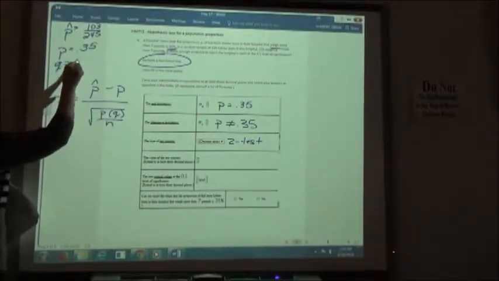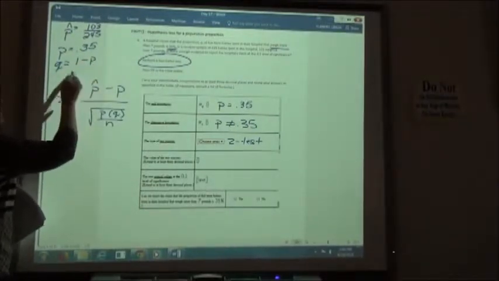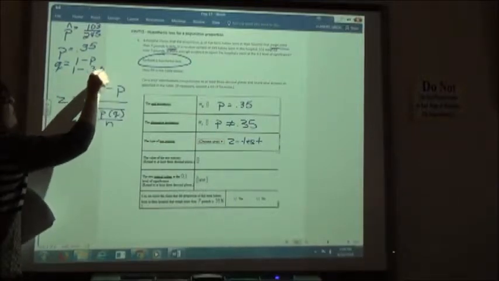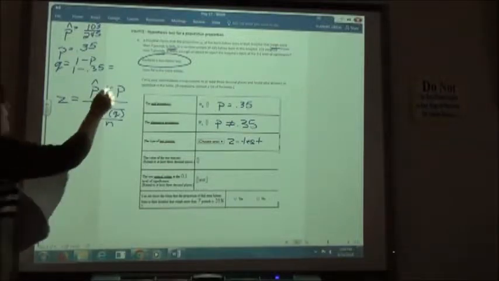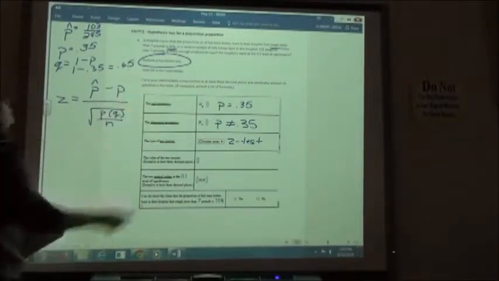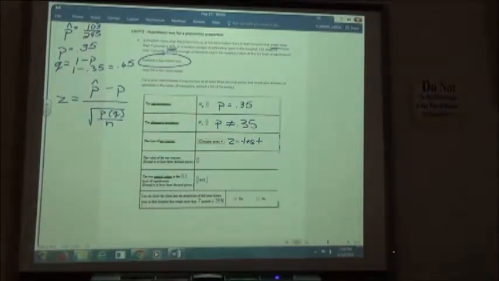Q then is going to be 1 minus P. So I'm going to take 1 minus 0.35, which is your complement. If I have 35% here, the opposite of 35%, or my complement, would be 65%. Yep, 0.65. So Q is going to be 0.65. What else do we need? We need N. N, how many people did we have?